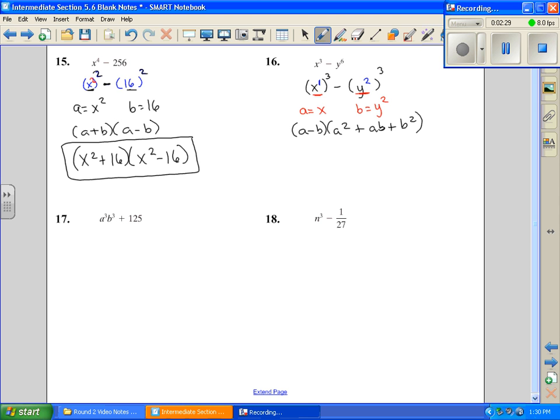Now we're going to substitute our a and b back into our original formula. So it's going to be x minus y squared, x squared plus xy squared. Now y squared squared is going to be y to the fourth power.